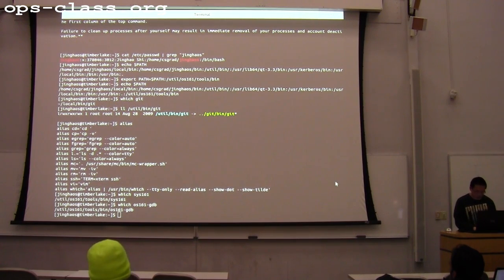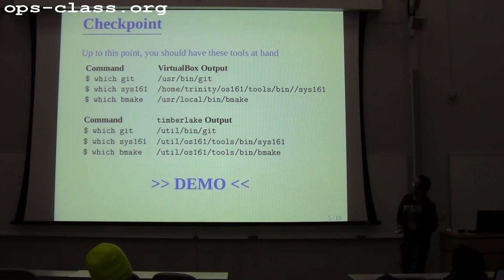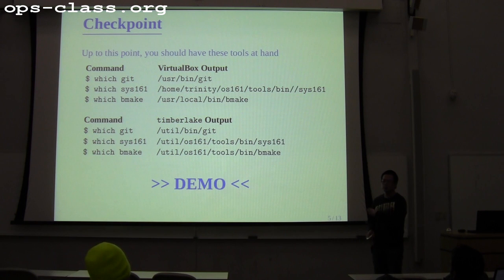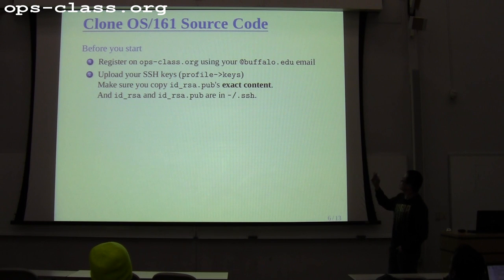So everybody is fine with this? Everybody got it? Okay. And then after you set up your toolchain, you want to go ahead and clone the source repo. But before you do that, make sure you register on this website using your Buffalo email and upload your SSH keys correctly.